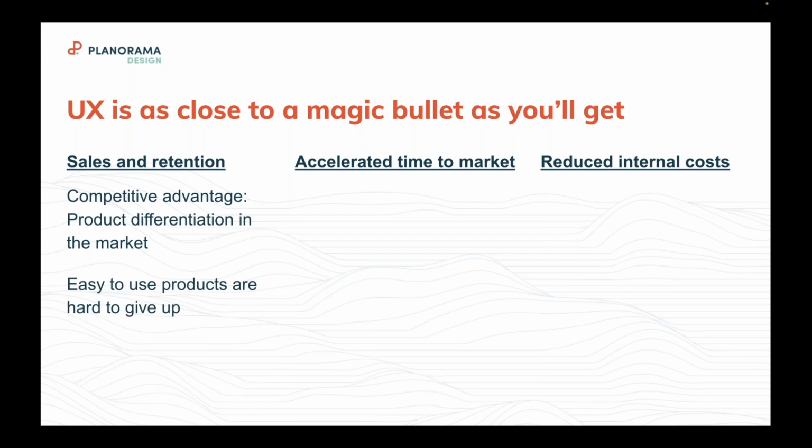Ease of use, and I can't mention this enough, being user friendly. There are products that I'm sure you have, and I have too, that do most of what I need. Maybe they don't do everything, but they do most of it. And I don't want to give them up because they're so easy to use, right? There are times where technology and features don't always win the day.